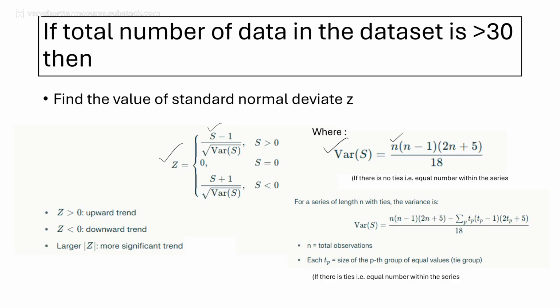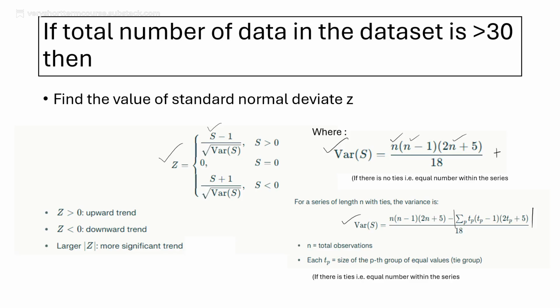Here n is the total number of data points, and this is the formula. If there are no ties, that means if there are no two data with the same value, then you will use this. If there is a tie, then the calculation for variance will be like this. That means this part plus this part.